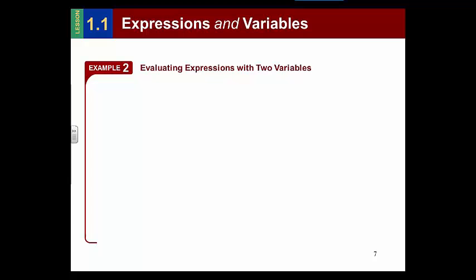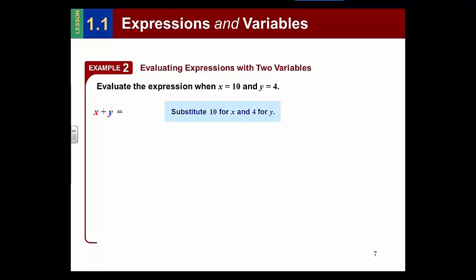Example 2, evaluating expressions with 2 variables. Evaluate the expression when x equals 10 and y equals 4. Our variable expression x plus y, we substitute 10 for x and 4 for y.